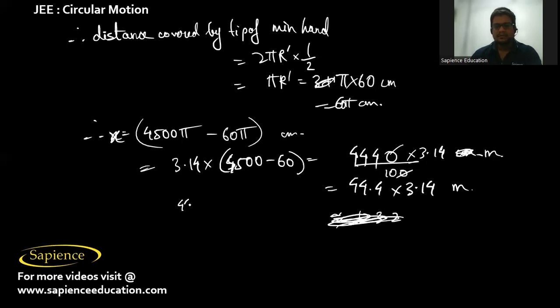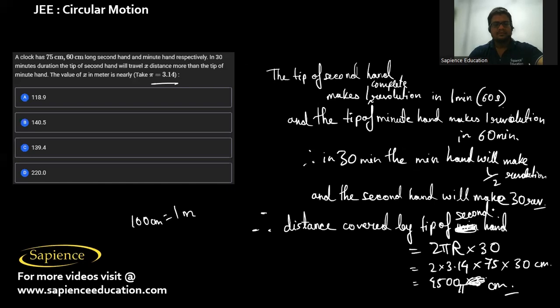Actually 44.4 into 3.14 will be approximately 139.4. So it means that option C is the correct answer.